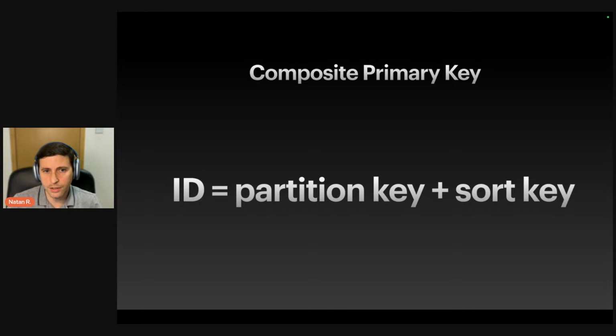Partition key is where DynamoDB is going to decide where the item will be hosted physically inside the database. And the second one is a sort key. The sort key is used by Dynamo to know, let's say, when you fetch objects with the same partition key, Dynamo is going to know how to sort them correctly.